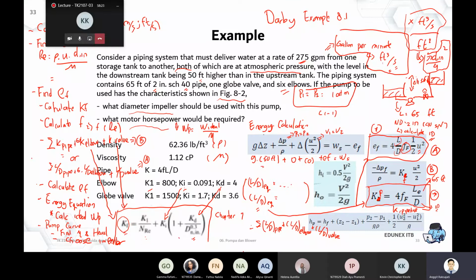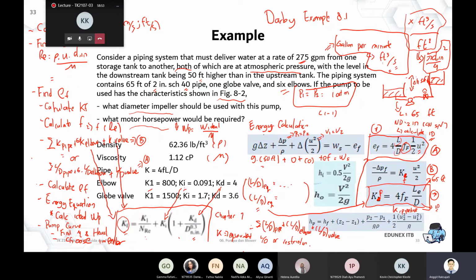So K is like the equivalent L per D, or the restriction in the fitting. So it comes from those definitions first. It's an equivalent of a straight pipeline, because we want to use one equation for all types of pipeline system.